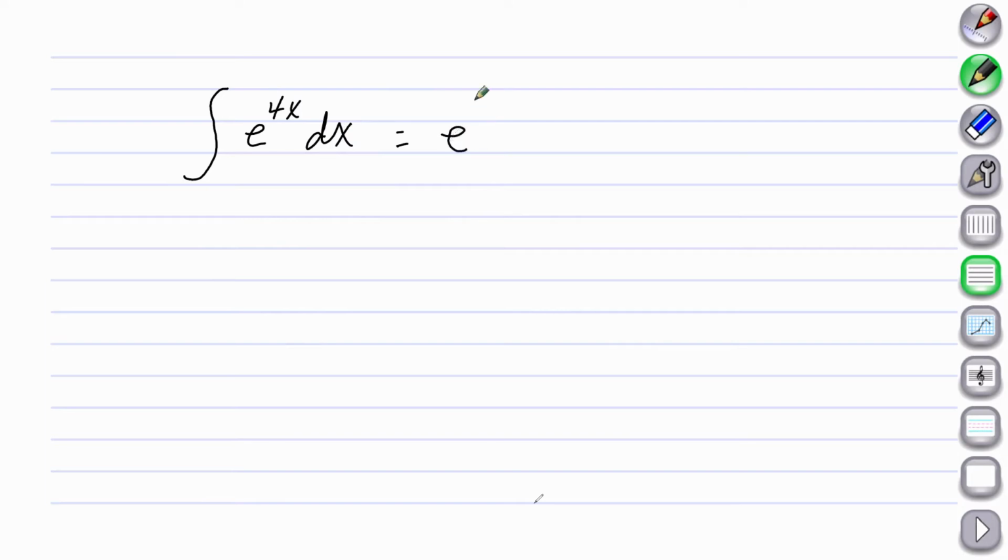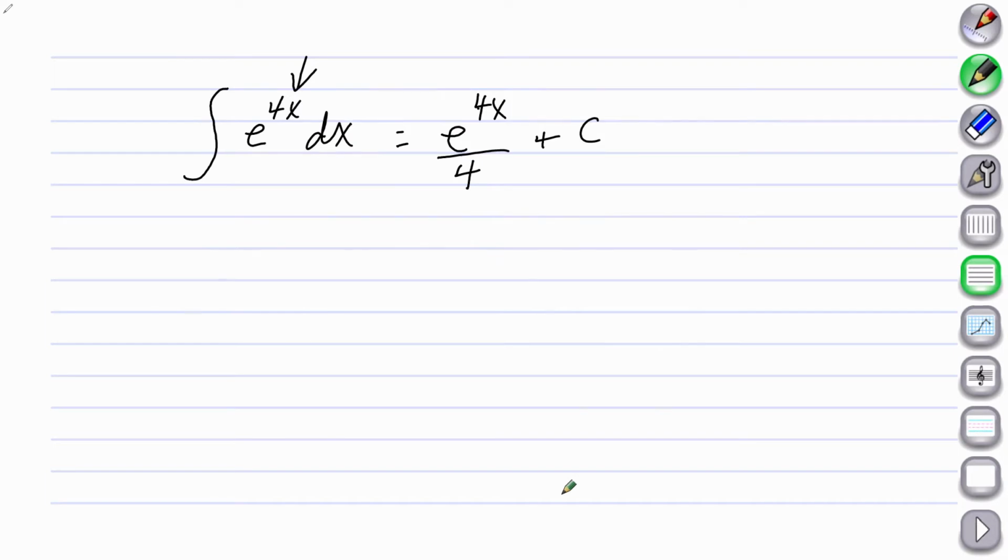It's e to the 4x, doesn't change, over 4 plus c. So we kind of put it over the 4 there, and that would be the result. So when we have something with a fancier exponent on e to the x, it's e to the 4x over 4. And that way you don't have to do a whole bunch of work.